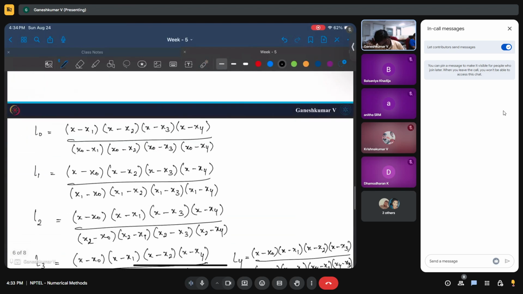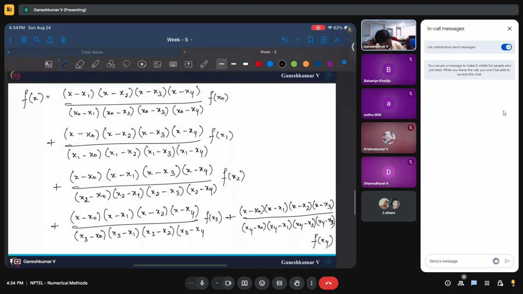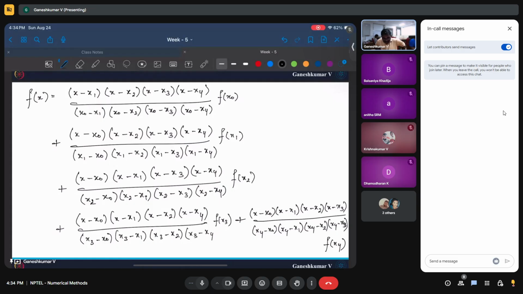So if I write this as f of x, then this is going to be L naught times f of x naught plus f of x1 plus f of x2 plus f of x3 plus f of x4. So this is your entire Lagrange polynomial.